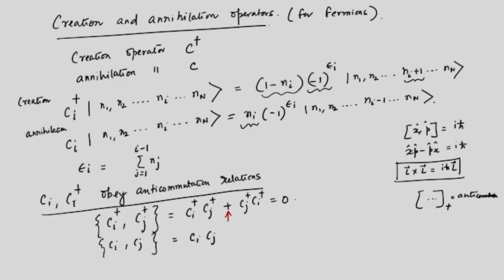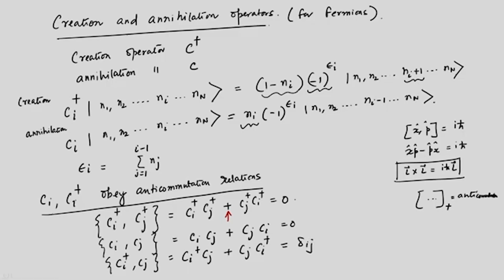So, it is Ci Cj plus Cj Ci, and again this is equal to 0. And Ci dagger Cj plus Cj Ci dagger is not equal to 0, but is equal to a Kronecker delta, delta ij.